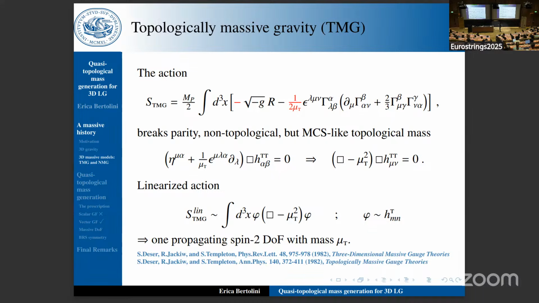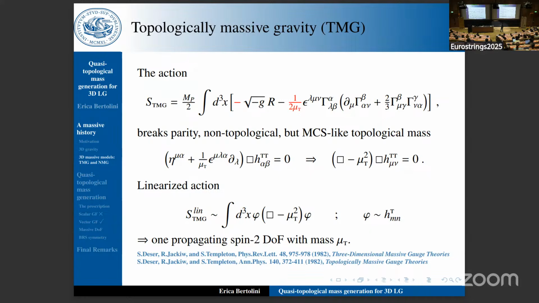And this higher derivative term has a mass coefficient with negative dimension. It's parity violating and generates mass through Maxwell-Chern-Simons-like topological mass generation, which was actually described in the same paper.